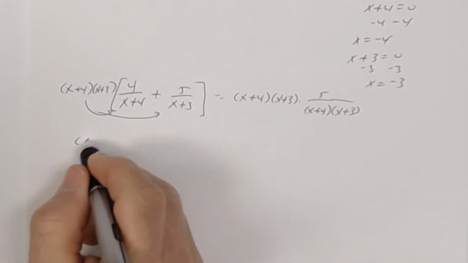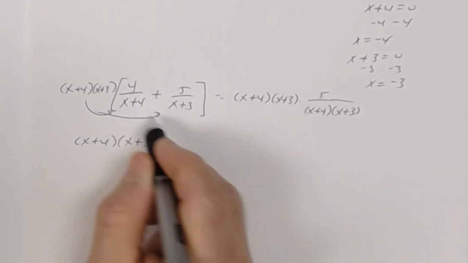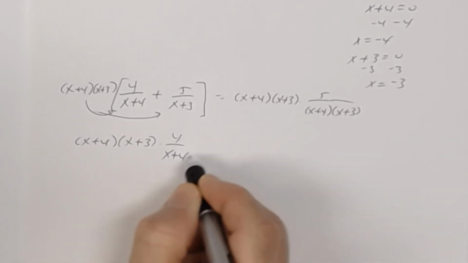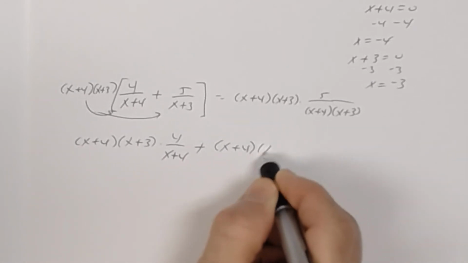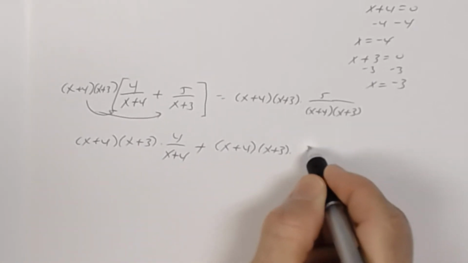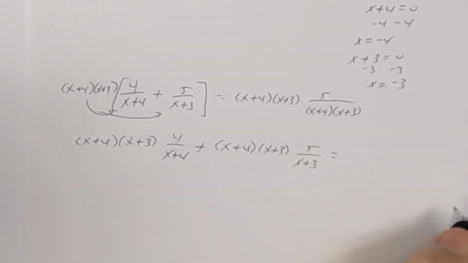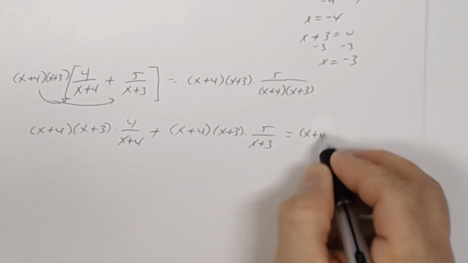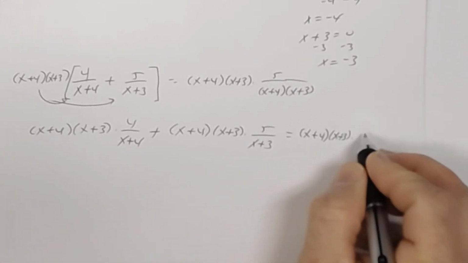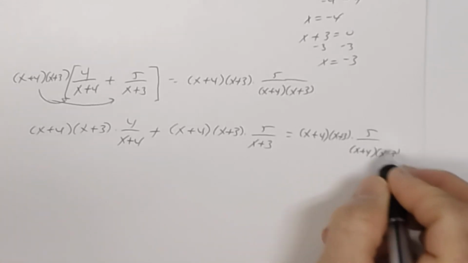So you're going to say x plus 4 times x plus 3 times the first rational expression, plus the LCD times this, x plus 4 times x plus 3 times 5 divided by x plus 3, equal, and I'm going to rewrite this over. I may not have enough room, so I'm going to write smaller: x plus 4, x plus 3 times 5 divided by x plus 4 times x plus 3.